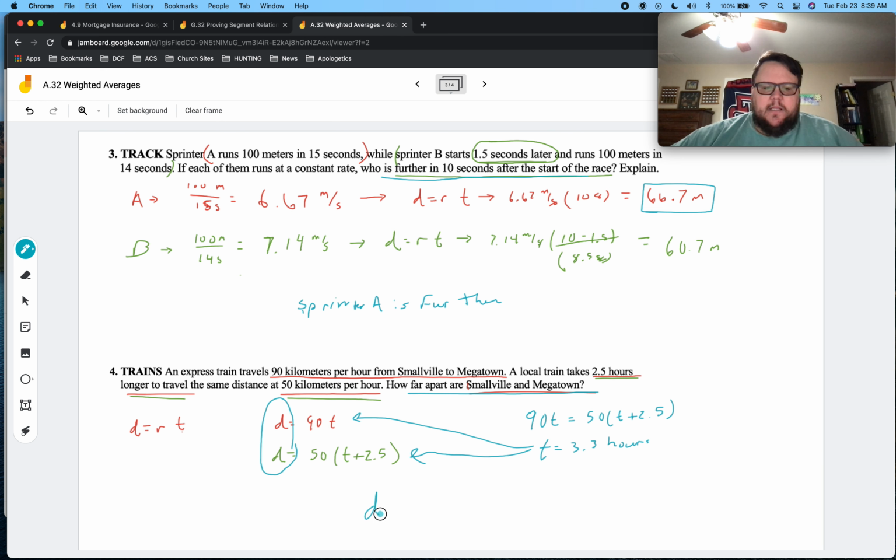So D equals 90 kilometers per hour times 3.3 hours, and that equals 281.25 kilometers. And that's our answer.